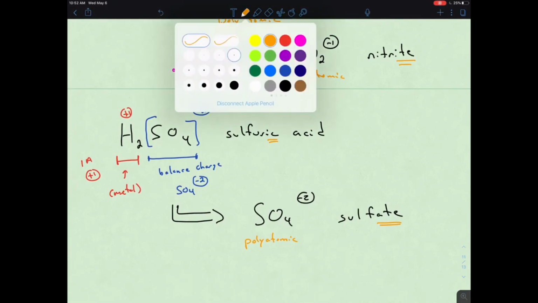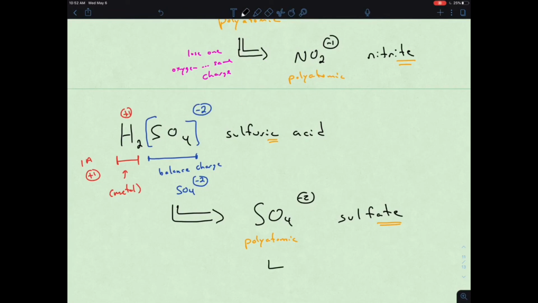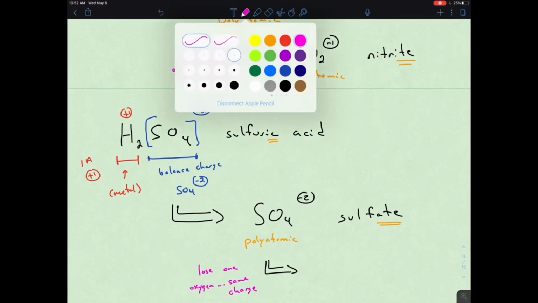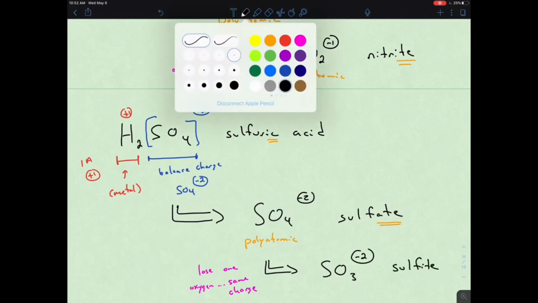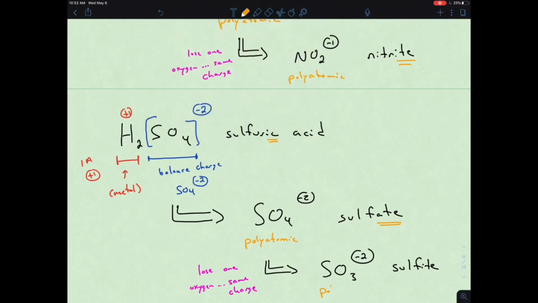And if we do the same process, where we're going to lose one oxygen, have the same charge, we end up with SO3 -2, or sulfite. So again, there is our polyatomic. There is our suffix change.